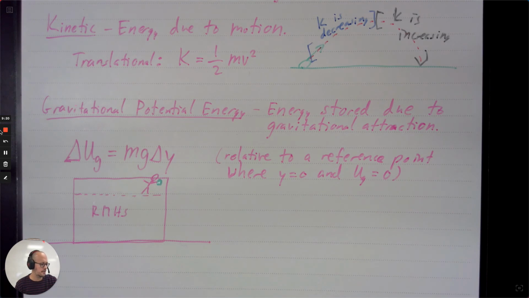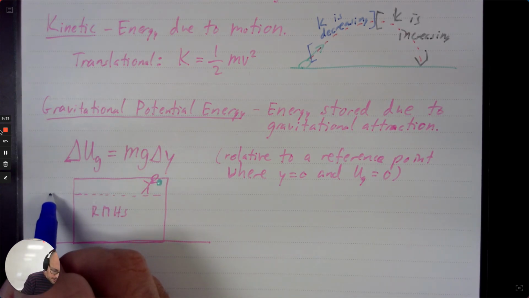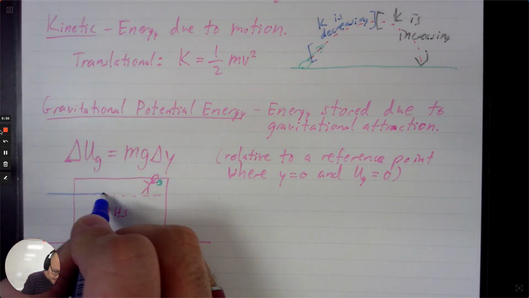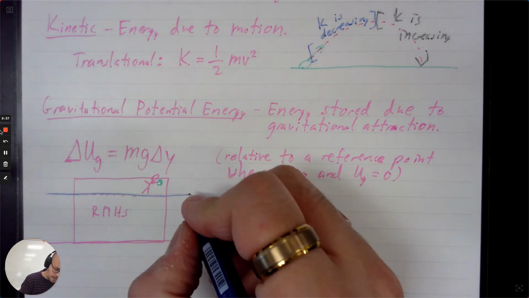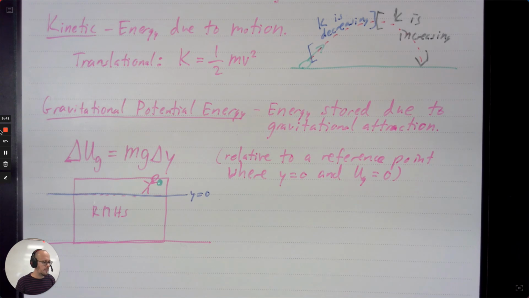The key to this is that all energy concepts are relative. And so you want to zoom in enough so that you can work with relative energies in an easy way. For instance, you can pick this line right here as y equals 0. That makes sense because that's the floor of the classroom.